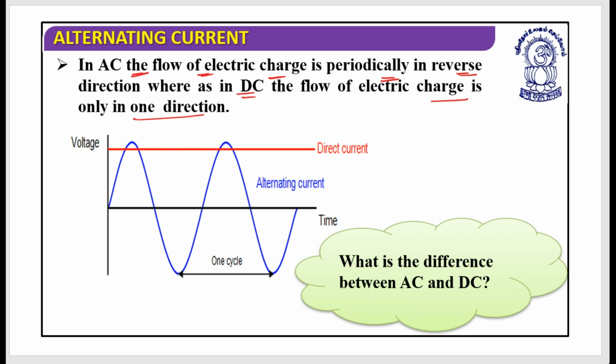Great. In direct current there is nothing like a cycle, because it is going to be the same every time. But in alternating current there is something like a cycle. When I say cycle, it is the time required, or a combination of those parts which completes one pattern.